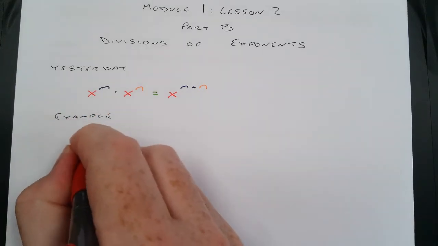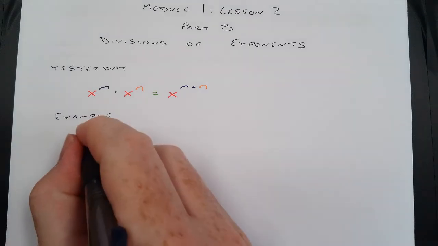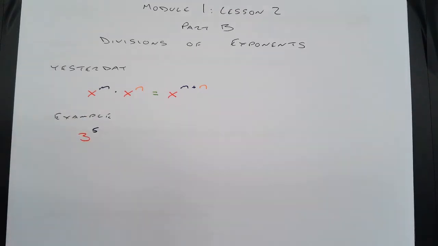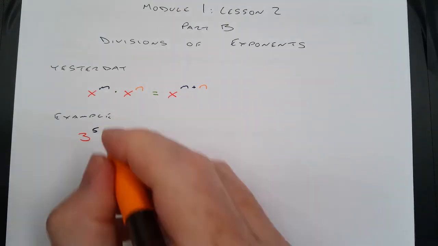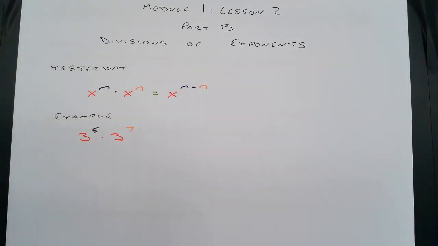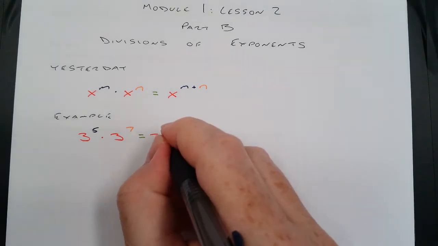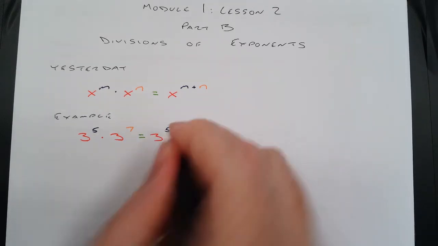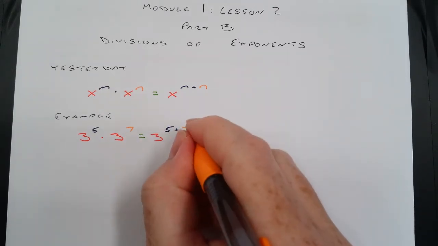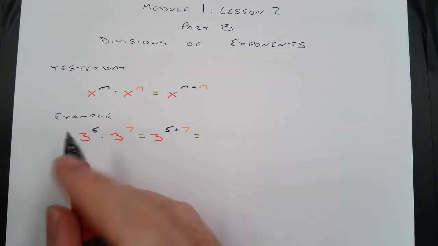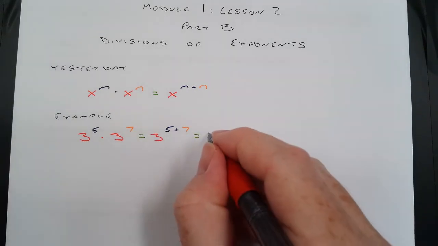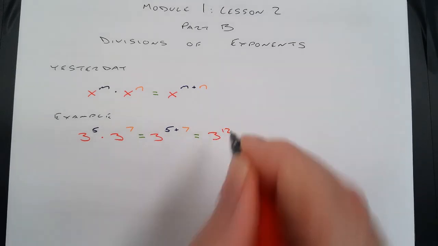We have 3 to the 5th times 3 to the 7th equals 3 to the 5 plus 7, which means 3 to the 5th times 3 to the 7th equals 3 to the 12th.